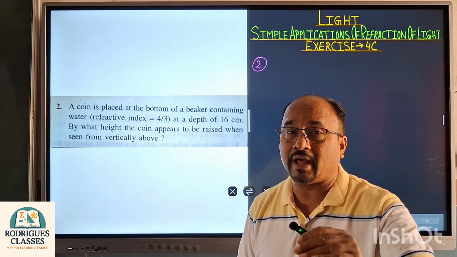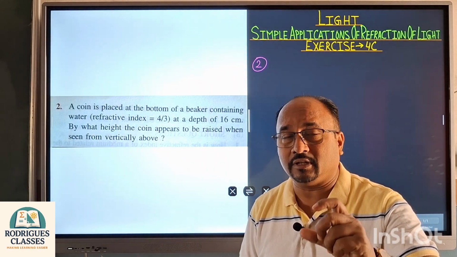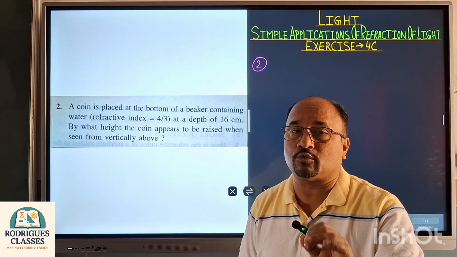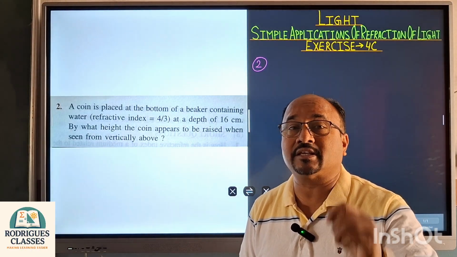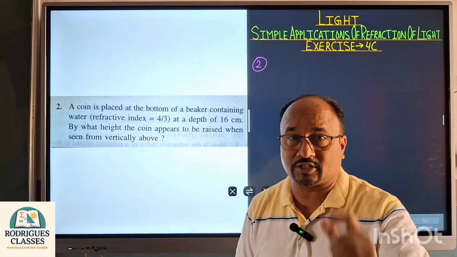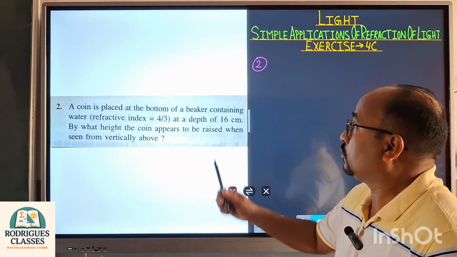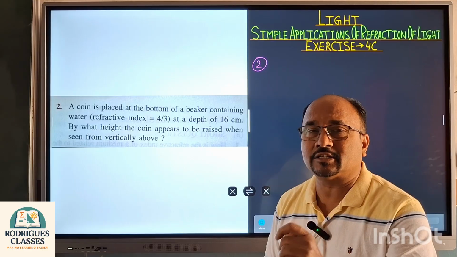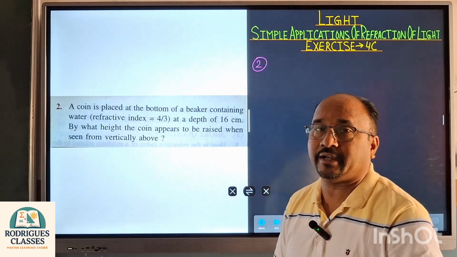If it was told at what height it is visible, then it would have been apparent depth. So you have to carefully understand the question, which case they are asking apparent depth and which case it is the shift. So we know the real depth, we know the refractive index. Let us first calculate the apparent depth.